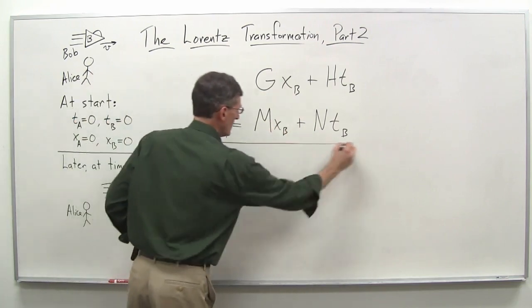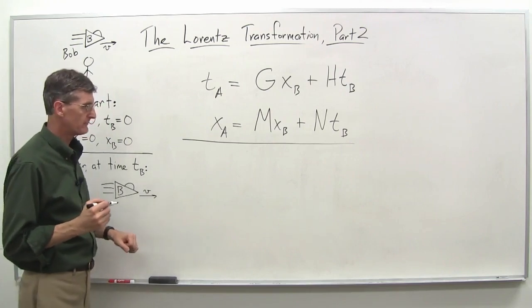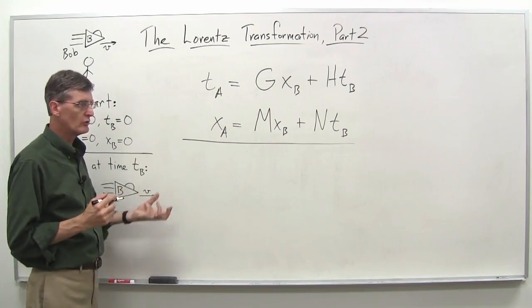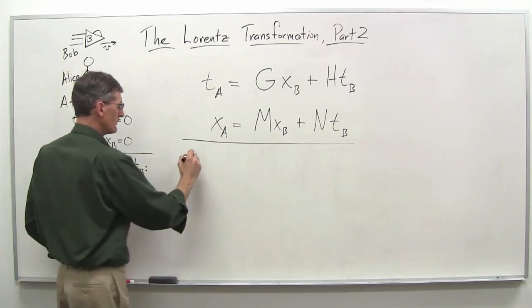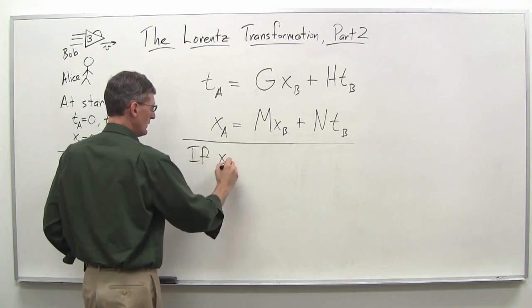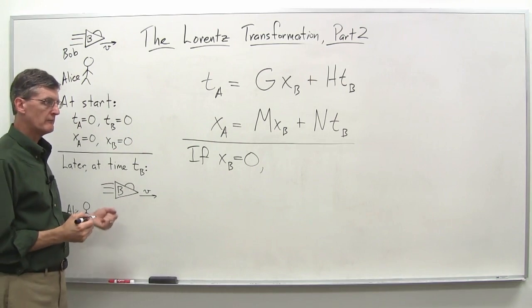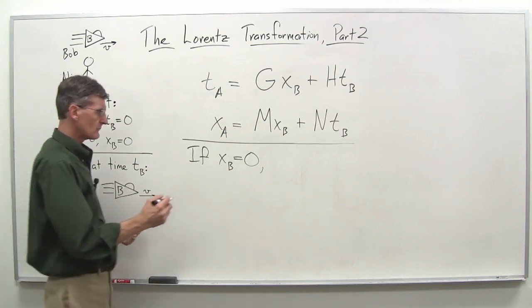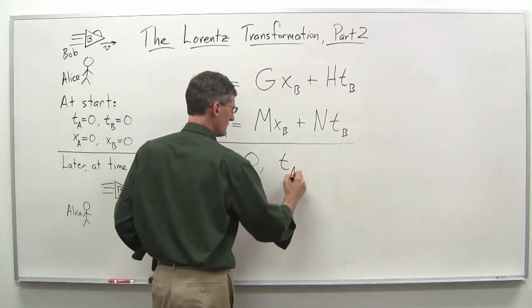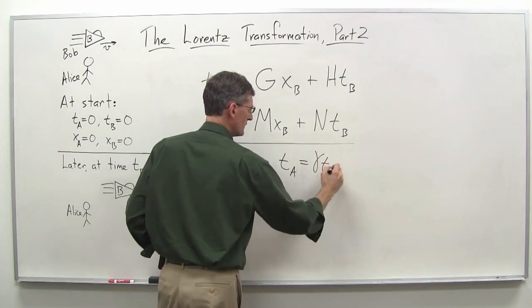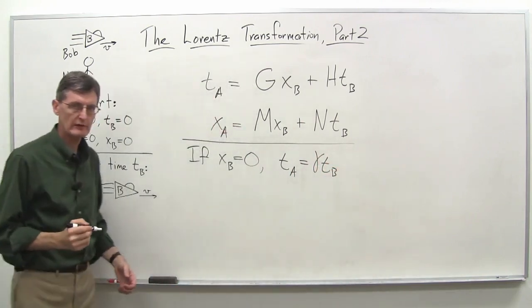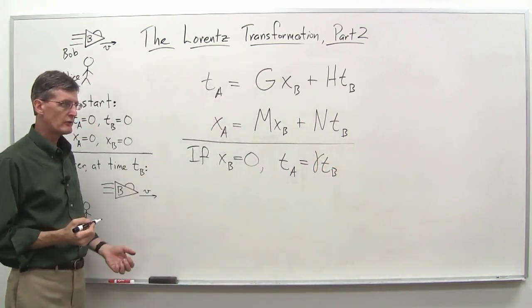And we can immediately start off with going back to the case if XB equals 0. So we know if XB equals 0 from part 1, we know TA equals gamma TB, our basic time dilation equation for that special case.